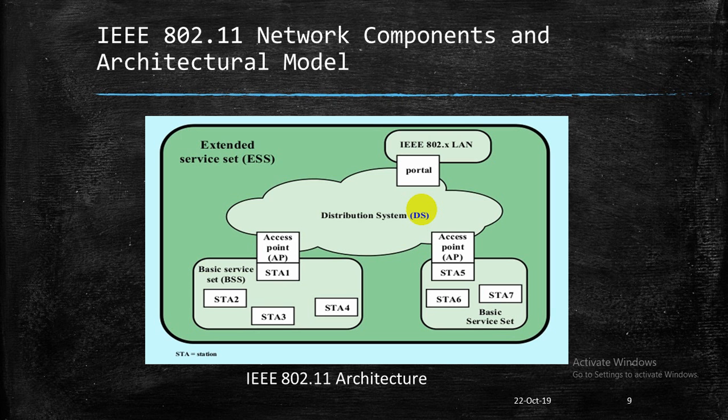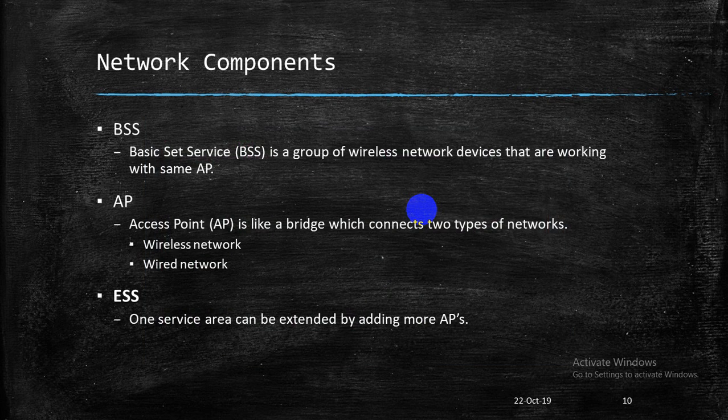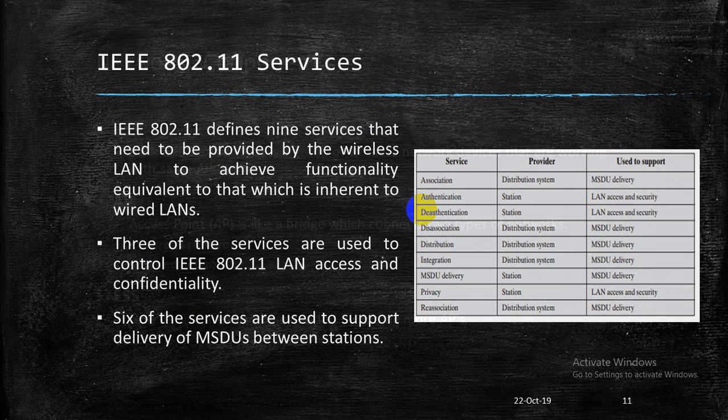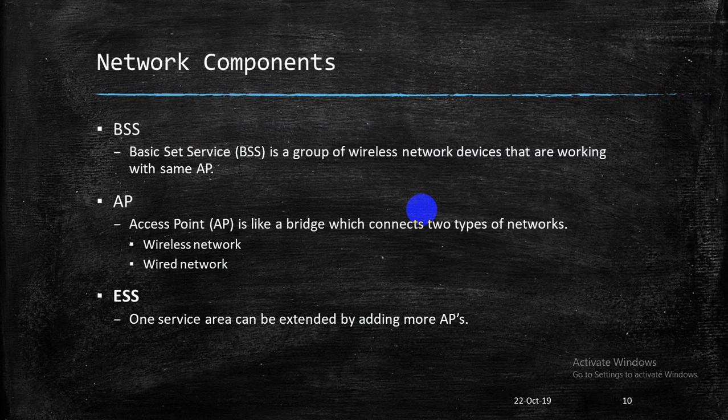So there will be a portal, and the whole system is known as the distribution system. The access points will be connected to each other so that data can be shared. Here are the definitions of BSS and ESS, which I discussed before.